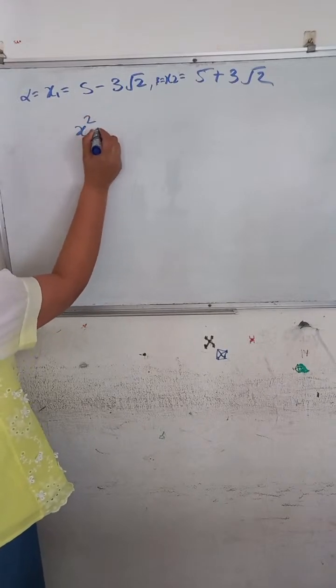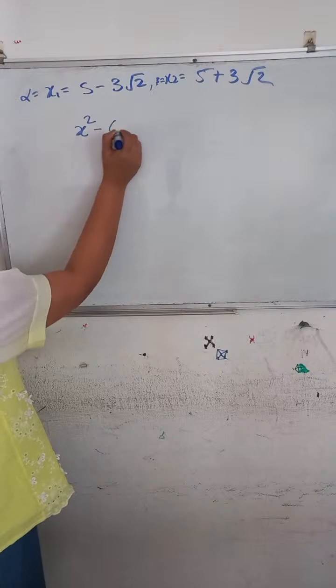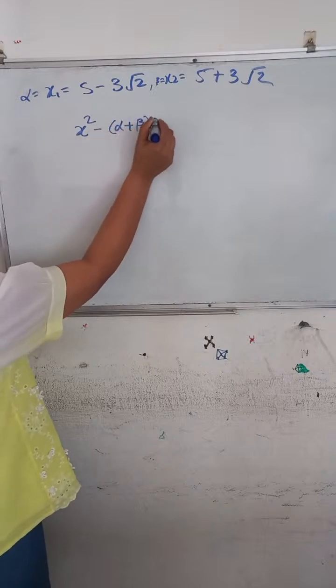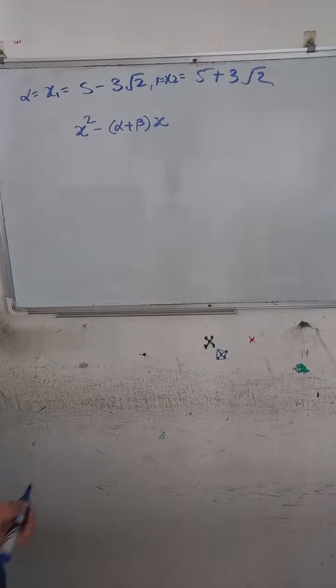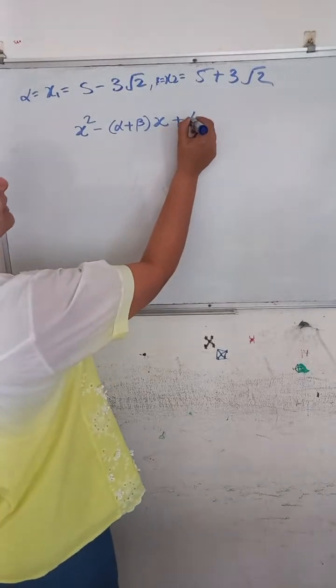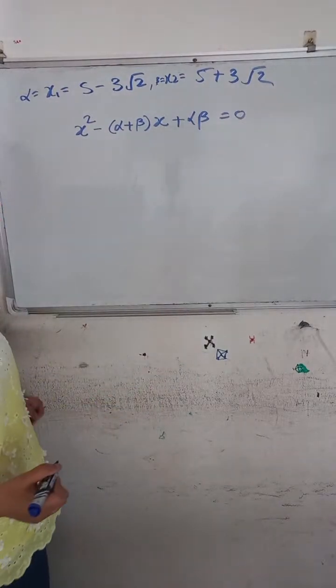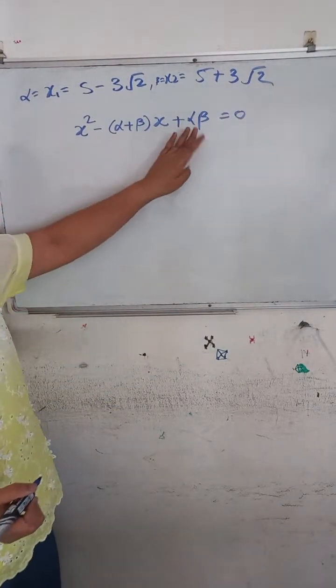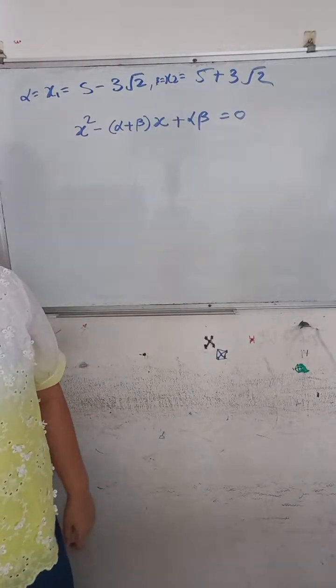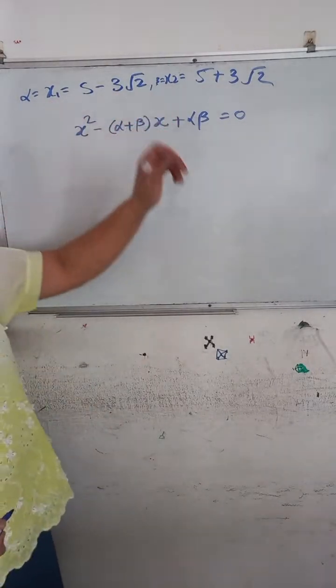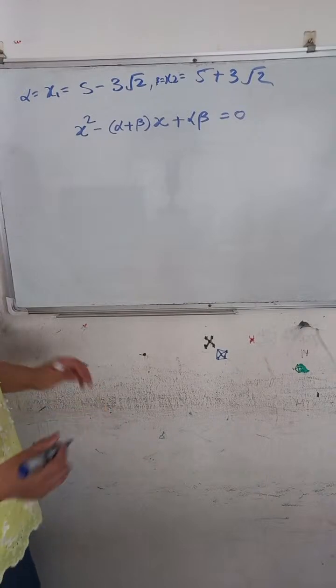The formula is x square minus (alpha plus beta) into x, plus the product of zeros, equal to 0. But the problem is that I don't have alpha plus beta and alpha into beta. But I know x1 and x2, no? That is alpha and beta only.